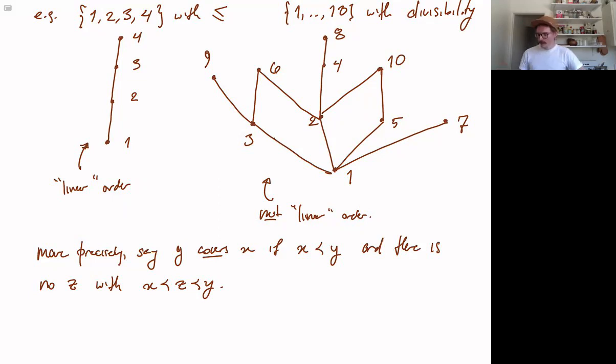So the Hasse diagram should contain a line from x to y exactly when y covers x. So for example, this is saying that 6 covers 3, and that is true because 3 divides 6, and there is no number that is strictly between 3 and 6 in this divisibility.